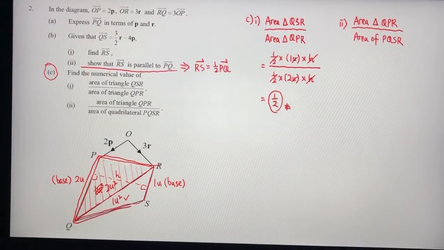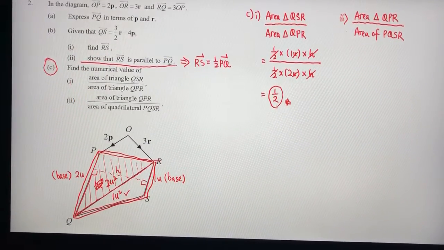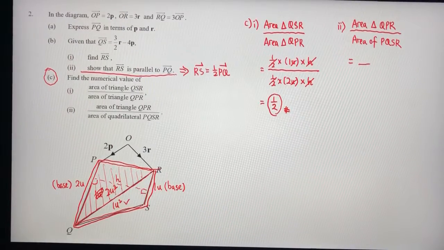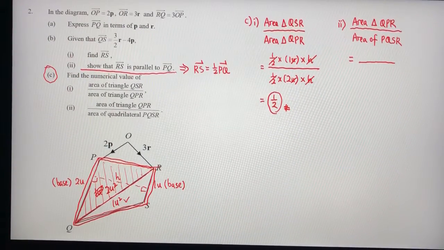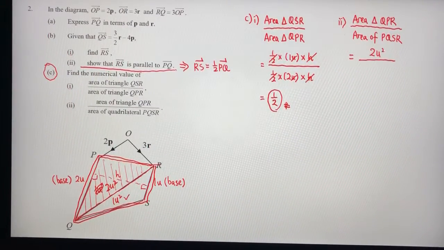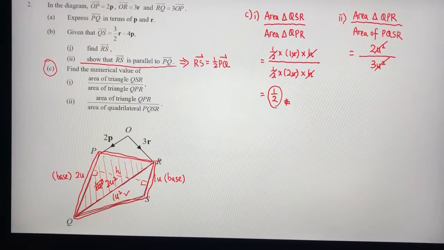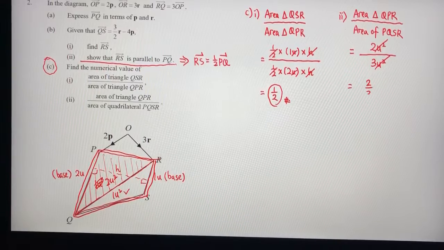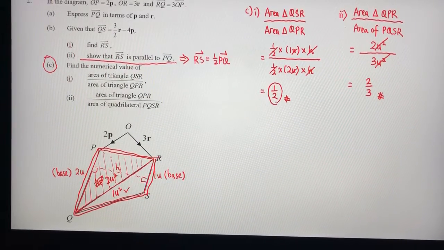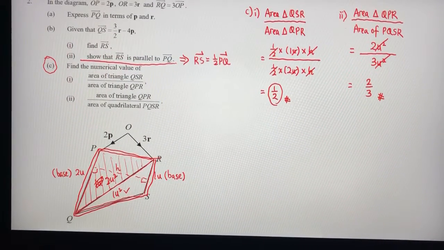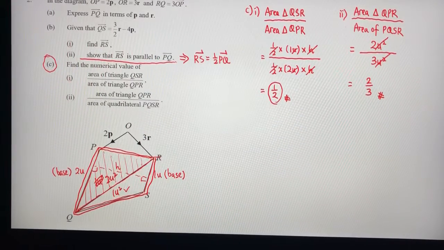Now, in our earlier discussion, we see for ourselves that the area of QPR is worth 2 square units, and the area of PQSR is worth 3 square units. Therefore, the area of triangle QPR over the area of PQSR equals 2/3.